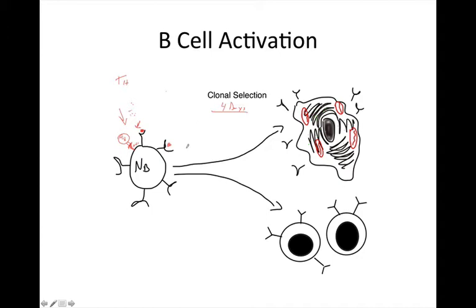So throughout that process, they're going to go through a series of divisions, and while they are doing that, the cells are genetically arranging themselves to that specific antigen that they were exposed to in the first place.